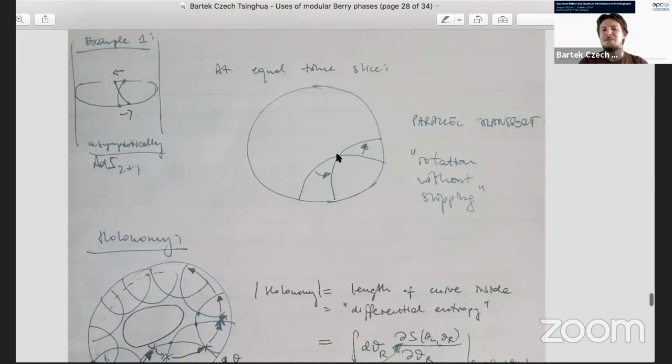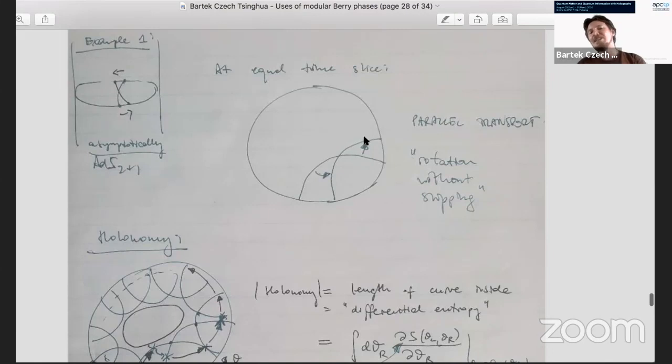I hope that this explained why that is a very special type of motion, and it's a unique motion that doesn't break conformal invariance in any way. And I hope that I have explained why it is called rotation without slipping. I find these two geodesics, and then I rotate from one to the other. What I could do is, in addition to the rotation, do a little bit of a translation along the new geodesic. That would also be a conformal symmetry.